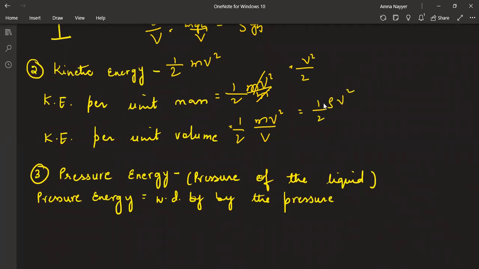Then you have pressure energy, the third type of energy. Now, why are we having pressure energy? This is because in fluids, we have seen pressure exerted by a liquid column, pressure exerted by a solid sphere, and all these different cases. So pressure energy is basically the energy due to the pressure exerted by the liquid, whatever fluid the container contains.